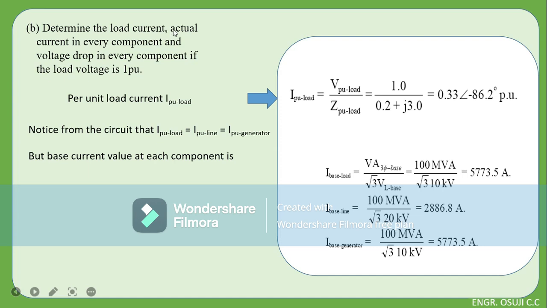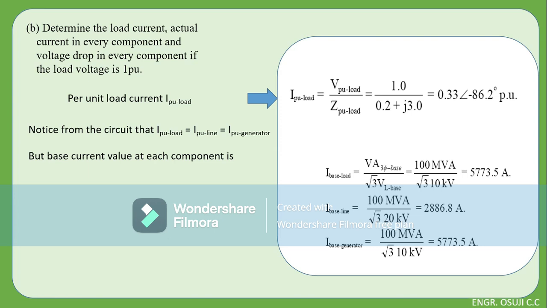After determining the load current, we find the actual current in every component. Having gotten the load current, we can determine the actual current in all the components, because the load current in per unit is equal throughout, since the entire components are connected in series. And then all we need now is to find their base current.